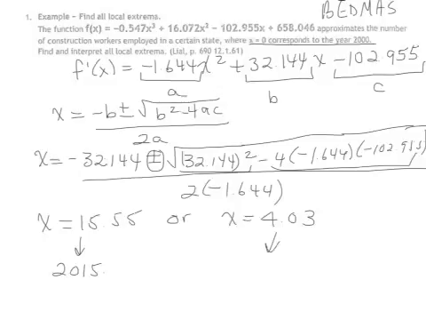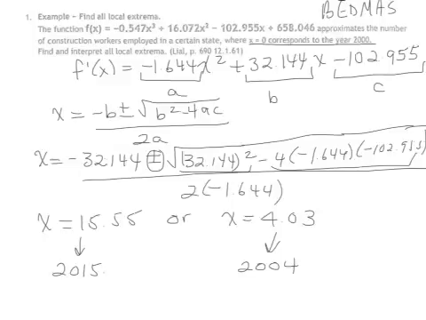Or here we have 2004. So what those numbers mean is that there was an extreme value of construction workers, either a maximum or a minimum number in those 2 years, 2015 and 2004.